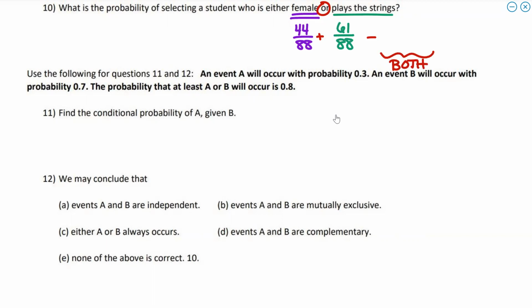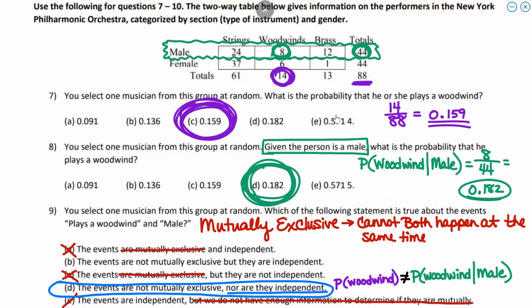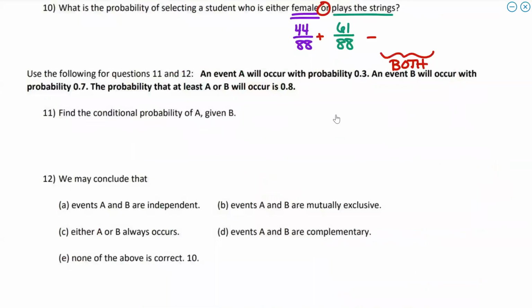How many people fit in both categories? How many people did we double count? 37 out of 88. Because we counted these 37 strings players here, and we counted these 37 females again right here, because they were included in both the row and the column.